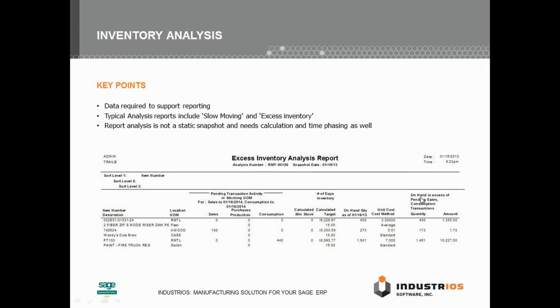And here you see we have the report: on hand in excess of pending sales and consumptive transactions. So not only is it a static snapshot of what's happening within the system, but it gives you a little view into whether it is critical to work on right now, or whether you should just keep your eye on it to make sure that future consumption actually happens.